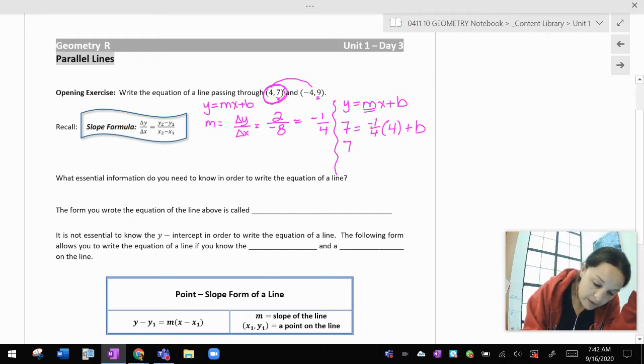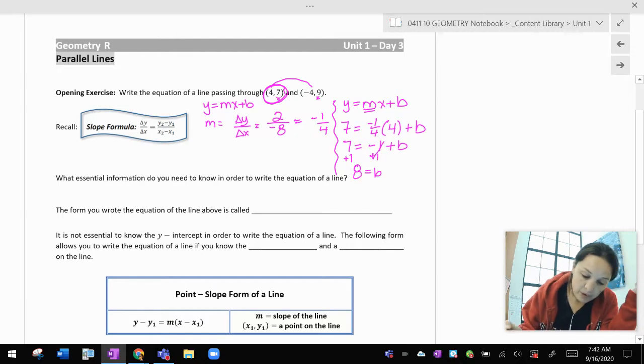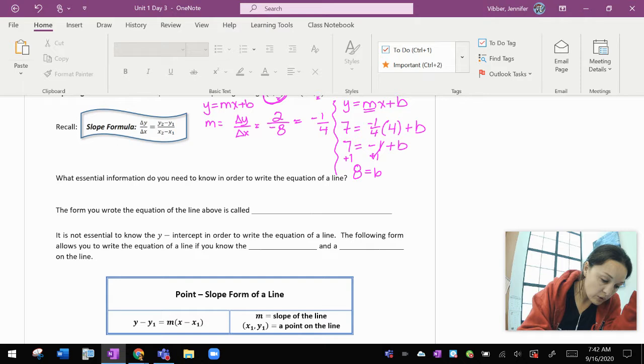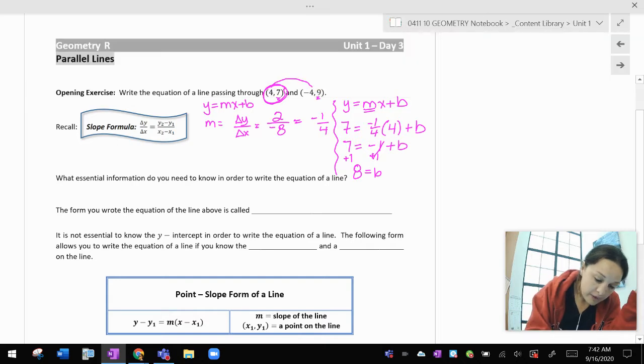So 7 = -1 + b, and then if I add 1 to both sides, I get b = 8, which means the final equation of my line is going to be y = -1/4 x + 8.